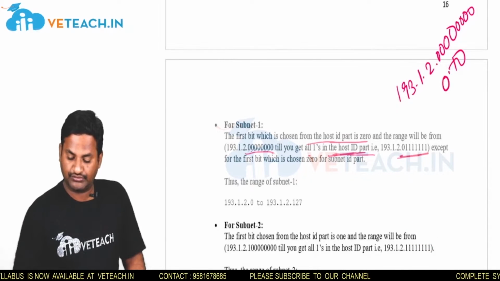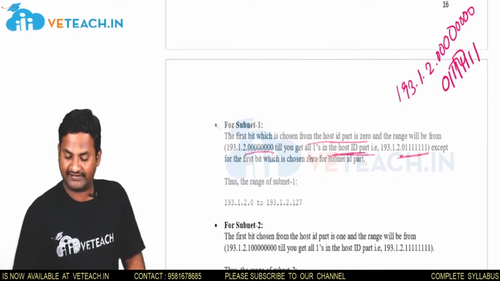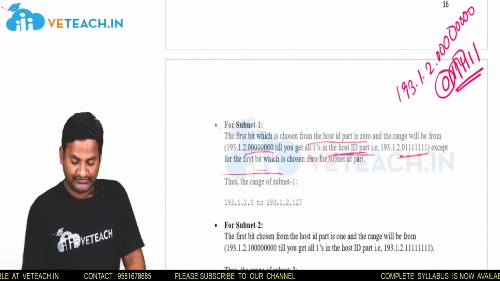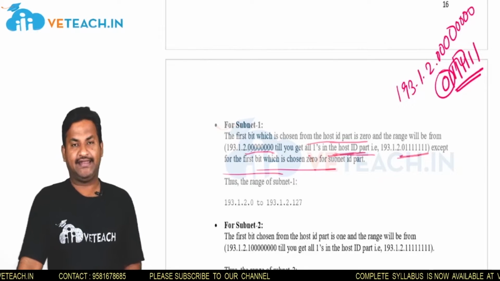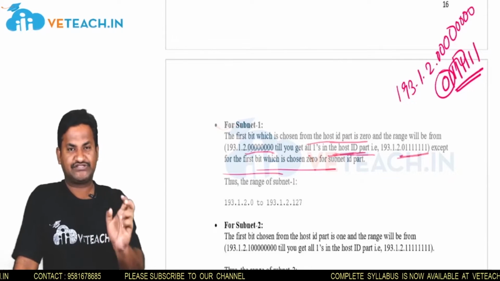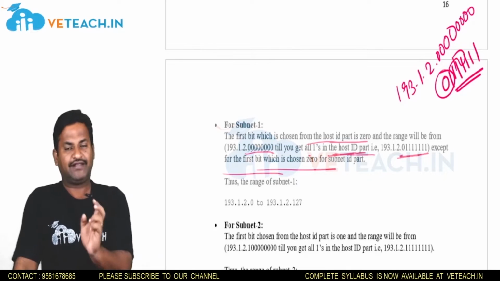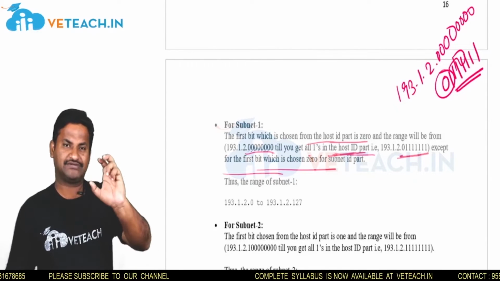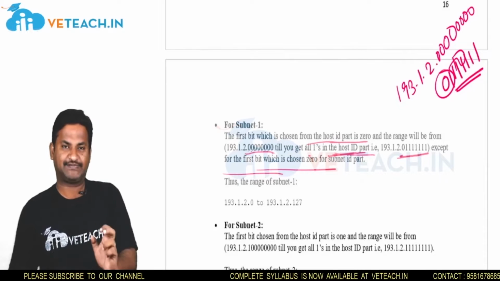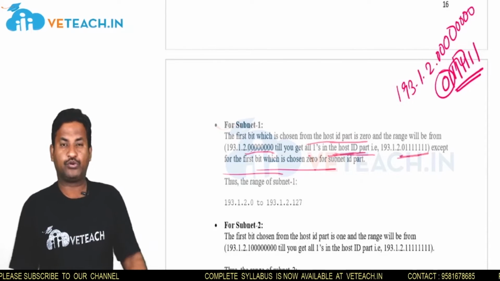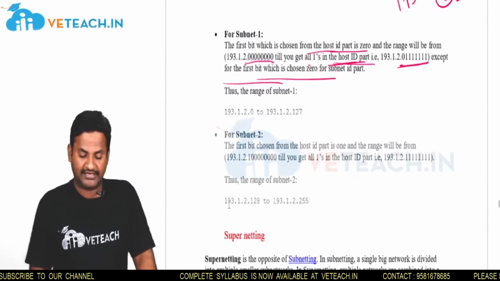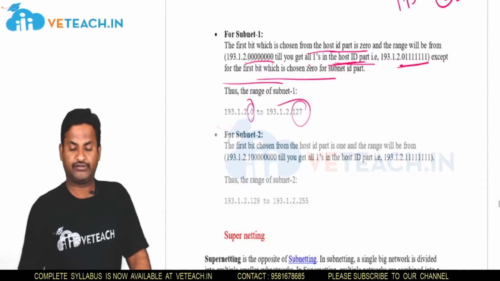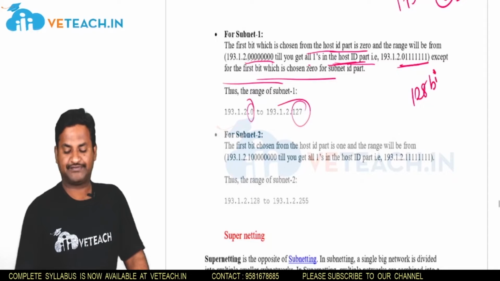The first bit chosen is 0 for the subnet ID, and the remaining seven bits run from 0000000 to 1111111. The range can be from 0 to 127, a total of 128 addresses.